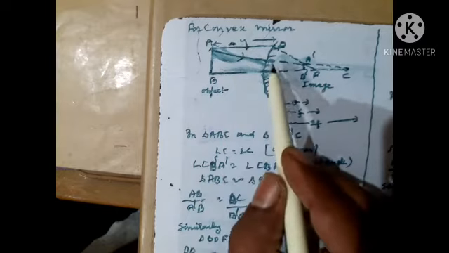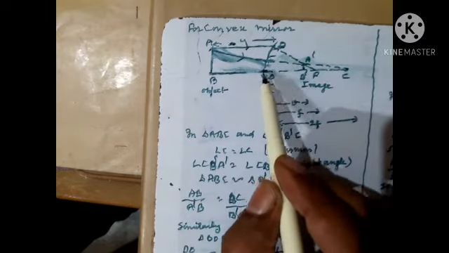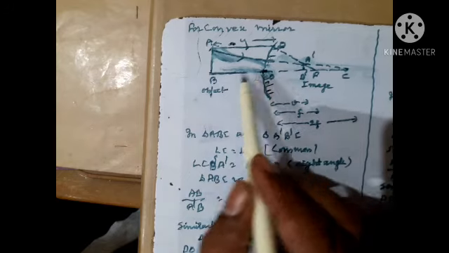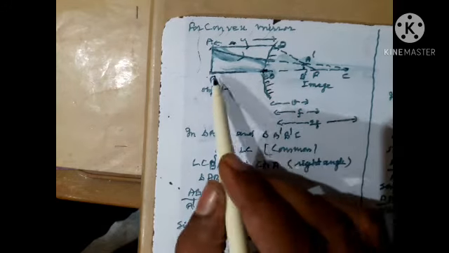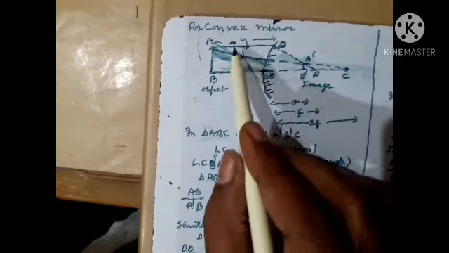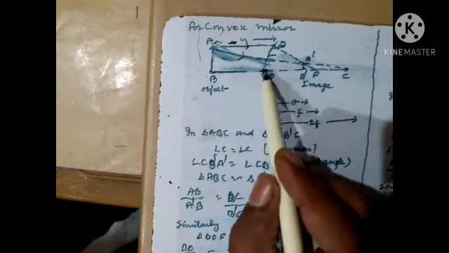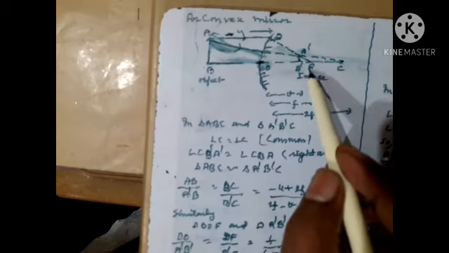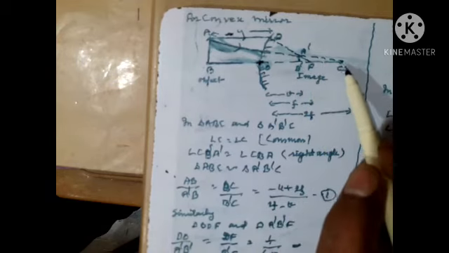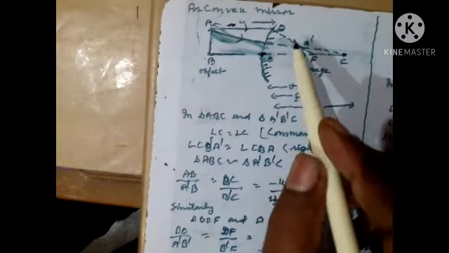You should know this is the origin, and if an object is kept on the left side of the origin, then this will be minus u, and after the origin in the x direction all distances will be positive. A'B', there is the focus f, the center of curvature here, and this will be 2f.